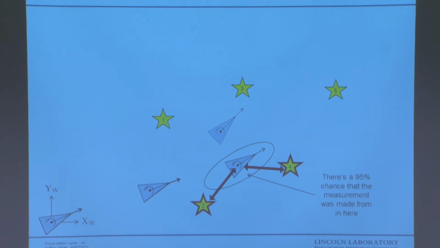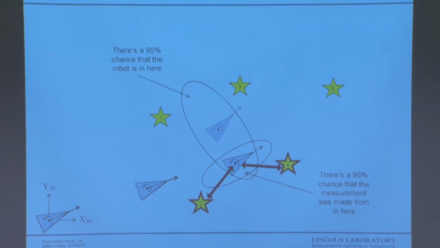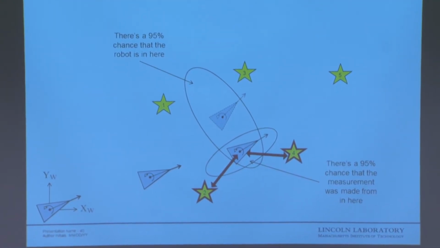So the key idea here is how can we combine that understanding of our uncertainty in our position measurement from motion, as well as our position measurement from sensing, in order to better estimate the robot's actual position.